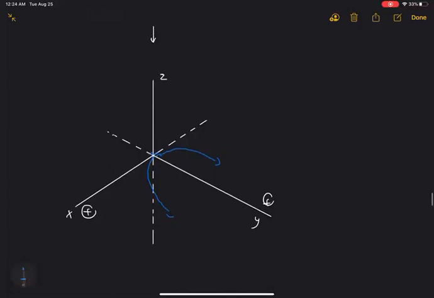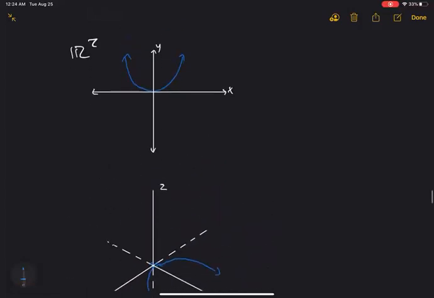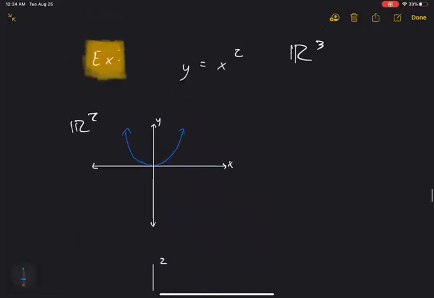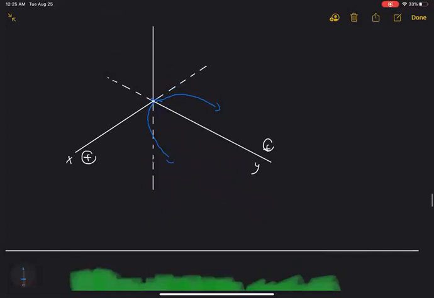Now, if this is my equation, y equals x squared, z could be anything, right? This doesn't say anything about z. There's no restrictions on z. So my z could be z equals 0. That would give me just this equation in the xy plane. Or z could be 1, so z could be up here. Or z could be -5, so down here.